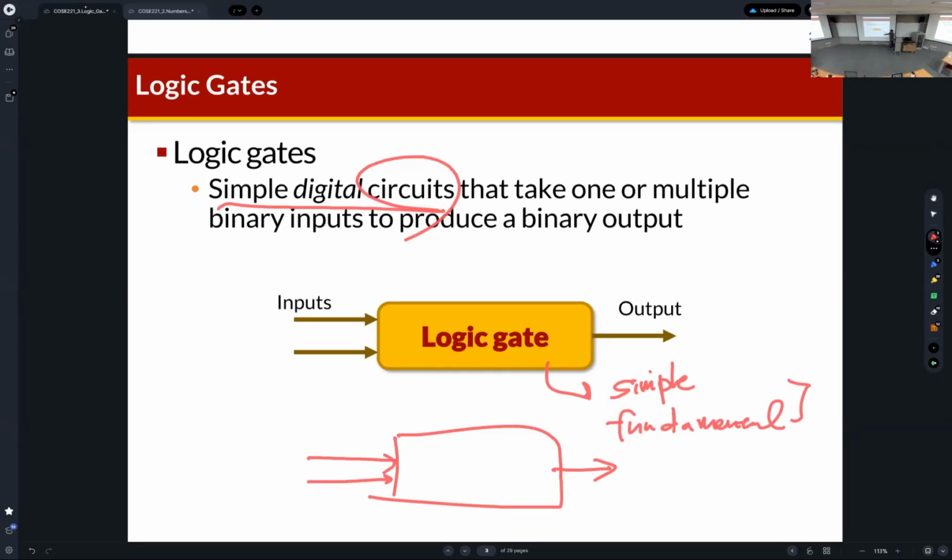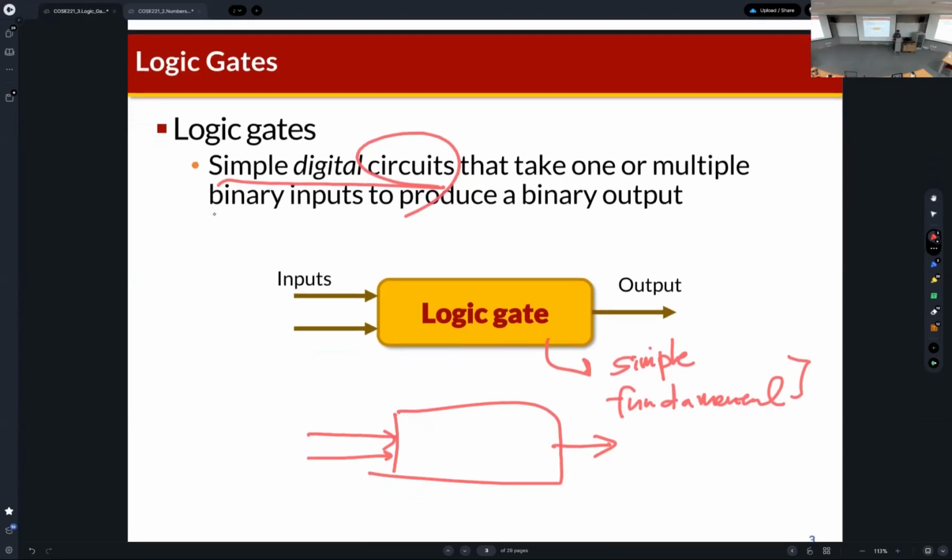My writing is not good. So this is the basic unit or basic circuit that can be used for building a complex digital system. If we want to build a digital system, then we can start from a logic gate. So this is the basic element that is used for building a digital system.